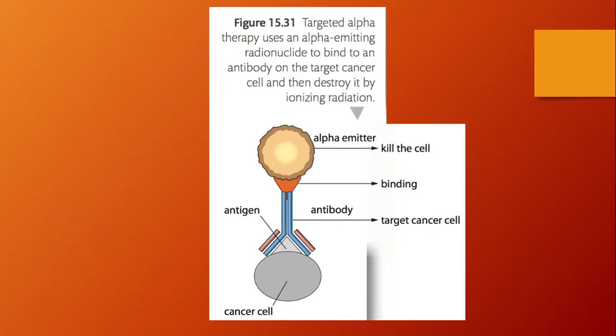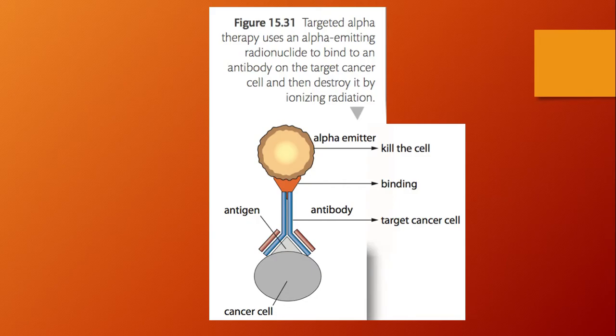So here's an example of how targeted alpha therapy works. They have a cancerous cell in the body. An antibody can be used that specifically targets the antigen on the cancer cell. So it has a specific target in mind.